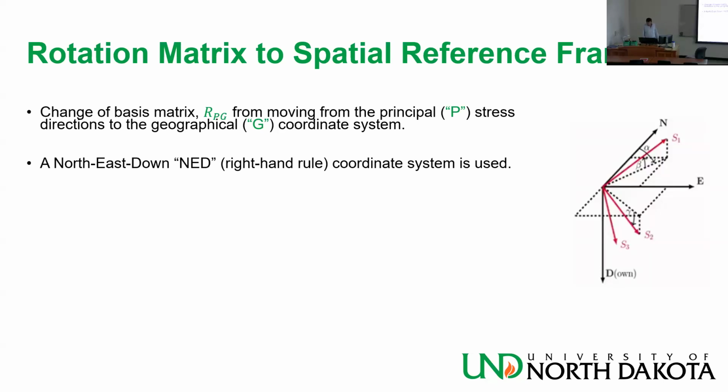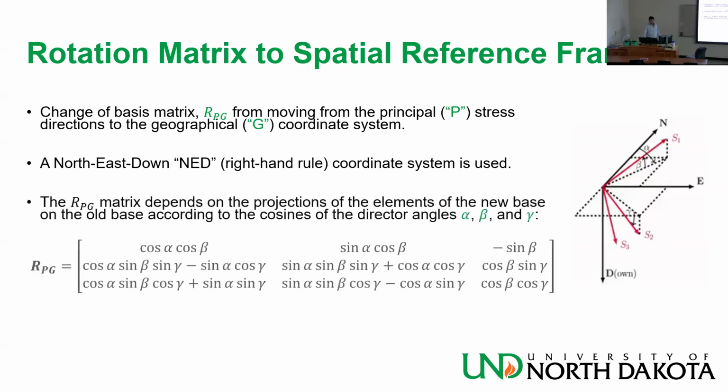Okay. And now, the RPG matrix depends on the projections of the elements of the new base to the old base. The old base is the fixed one, okay? Where it was originally, where alpha equals 0, beta equals 0, gamma equals 0.